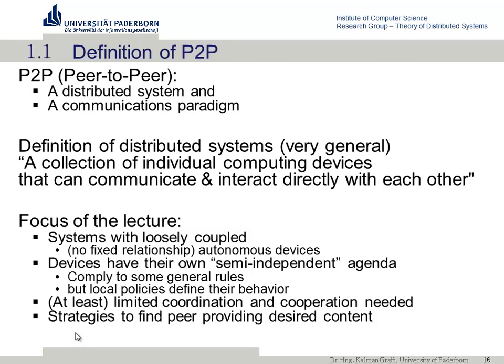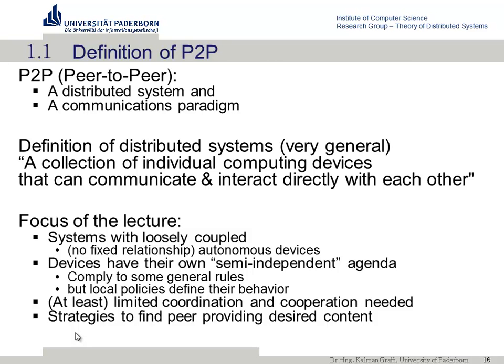And the devices also have their semi-independent agenda. We assume at least that they comply with the general protocols and follow them, but it might also be that they are misbehaving nodes, or they have some local policies, especially in terms of file sharing, where they are free riders, and you cannot really control that. However, you still need to somehow coordinate them, but it is not done.